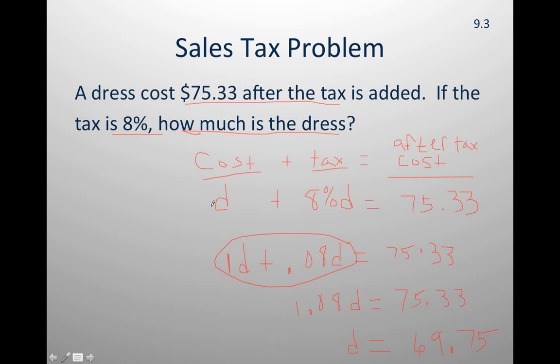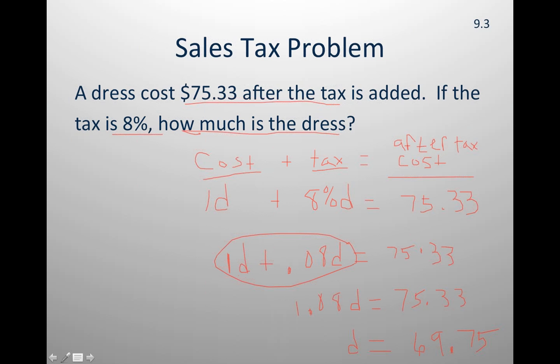Even though we're saying D, that's really 1D. So that's where that 1.08 is coming from. You're taking $1 and adding 8 cents to it. I know sometimes that's unfair because a lot of times we math teachers put that D and assume that everybody knows that's 1D. That's because we're so used to speaking the language. But that's a good question.